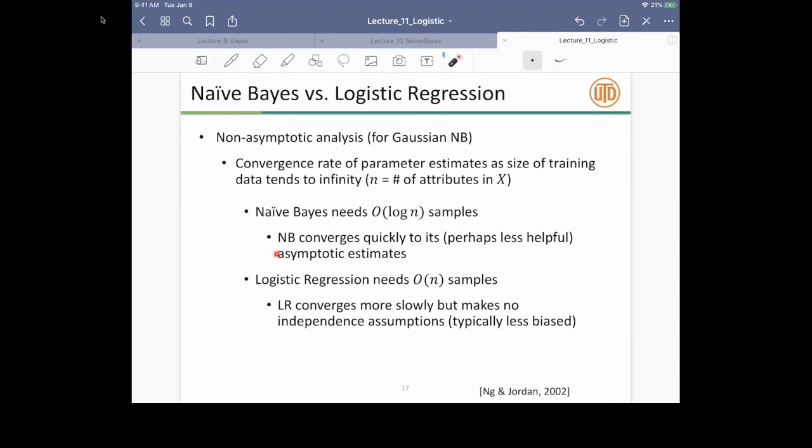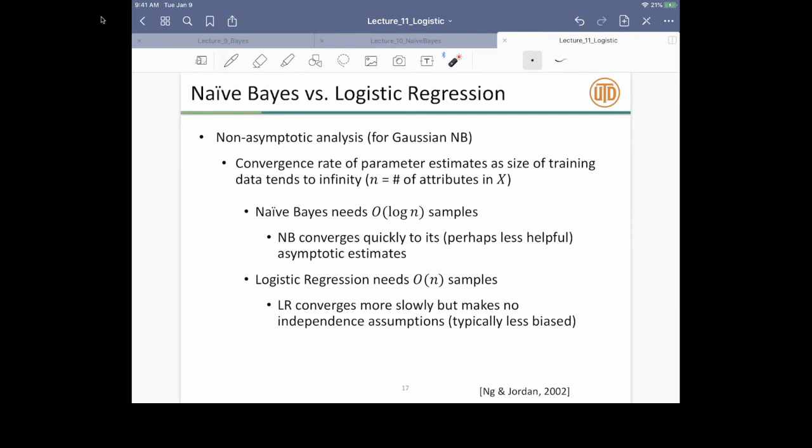So naive Bayes does not require as much data. But oftentimes it could converge to a slightly more biased or a slightly less helpful solution. The main reason is that naive Bayes makes this conditional independence assumption.